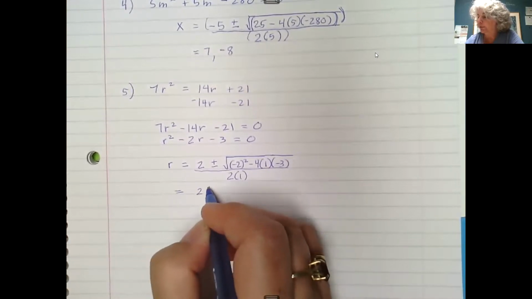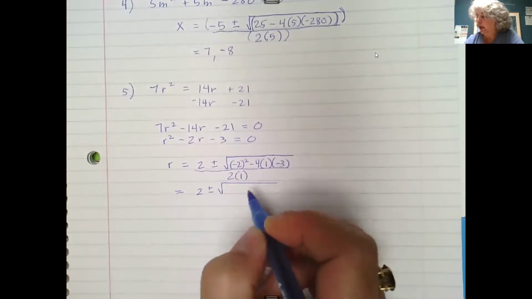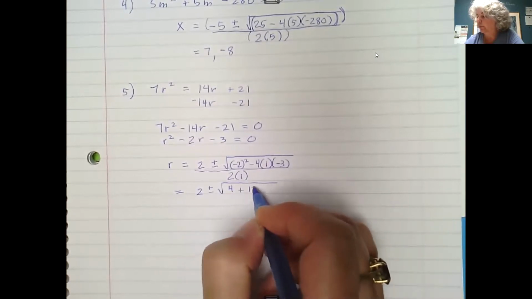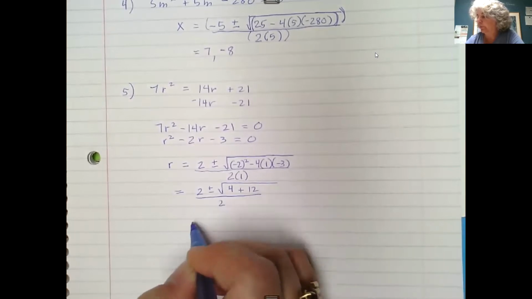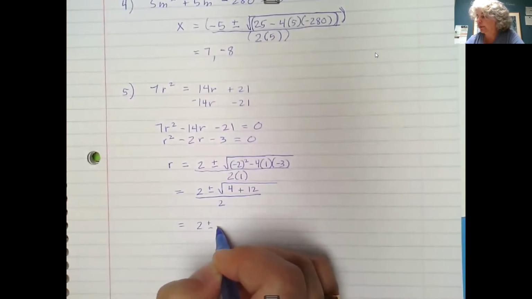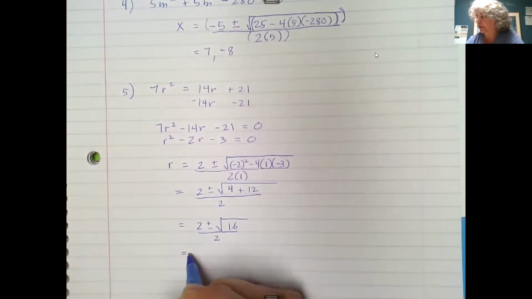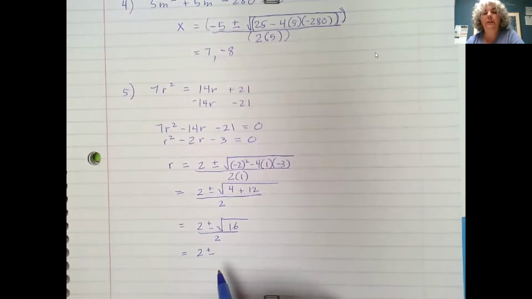So you have 2 plus or minus the square root of negative 2 squared is 4 plus 12, over 2. 2 plus or minus the square root of 16 over 2. 2 plus or minus the square root of 16 is 4.